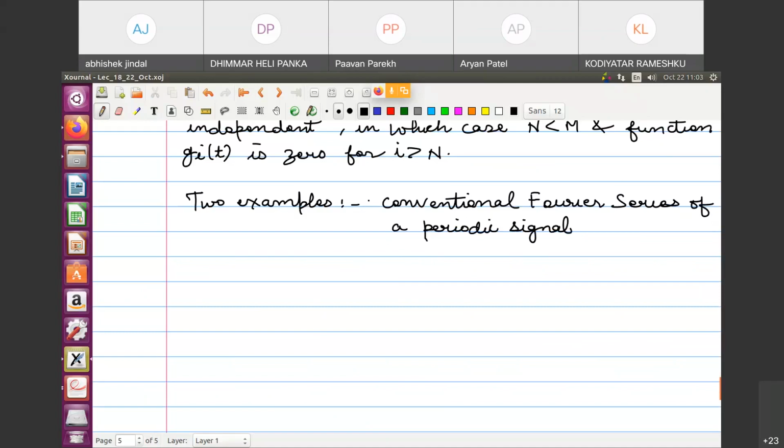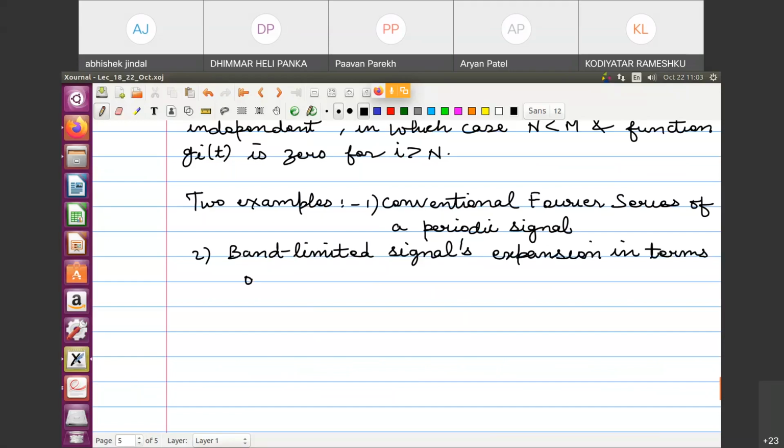And second is the band limited signal expansion in terms of its samples taken at the Nyquist rate.